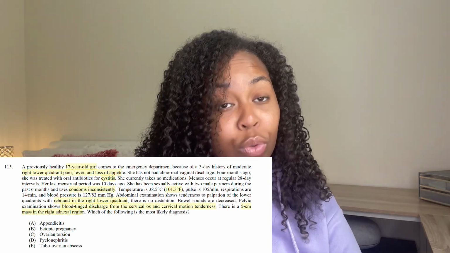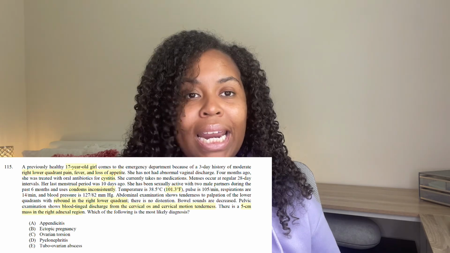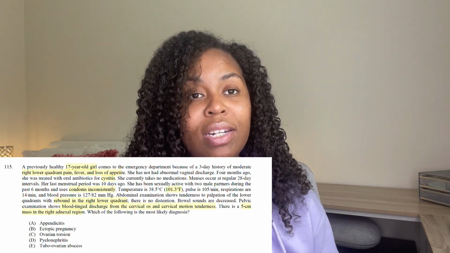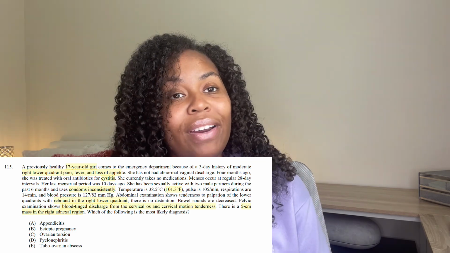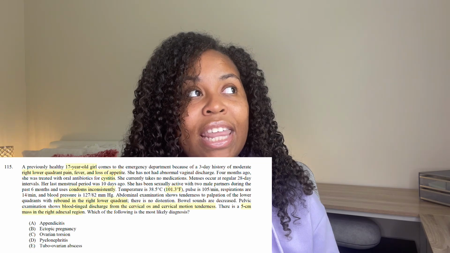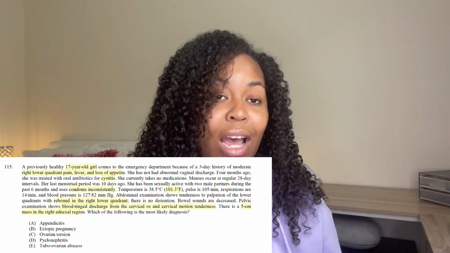When they tell you about a recent period on a test, they want you to rule out any pregnancy related diagnoses. So that would be 1 tally mark on the tubal ovarian abscess side, not on the ectopic pregnancy side, giving tubal ovarian abscess 1 more tally mark than ectopic pregnancy.